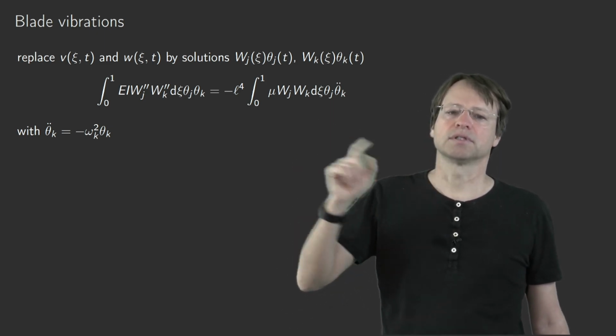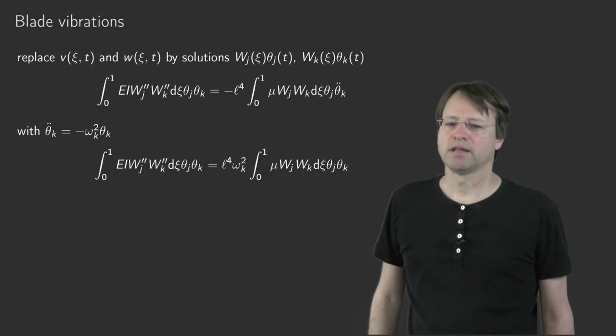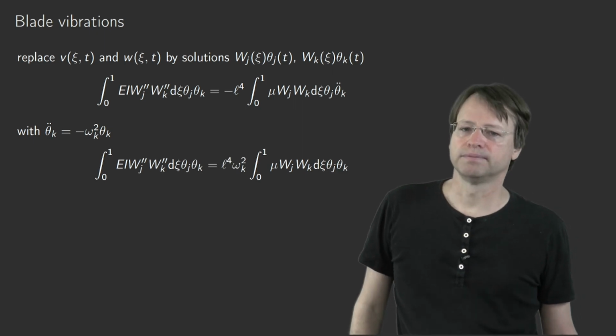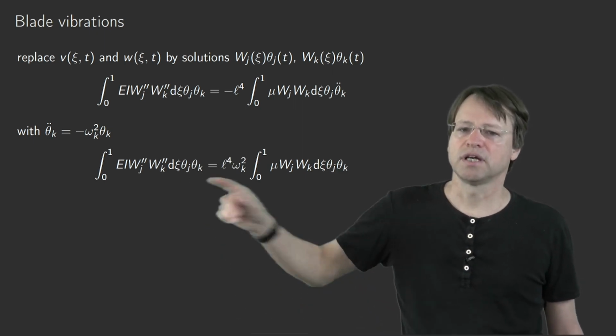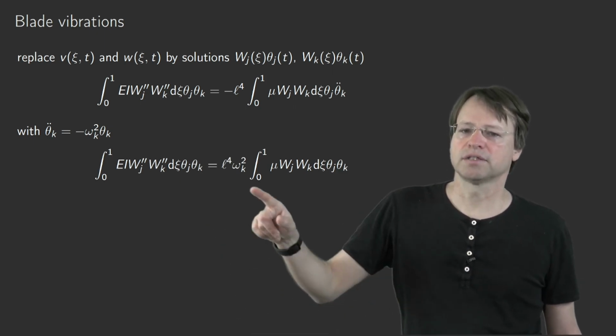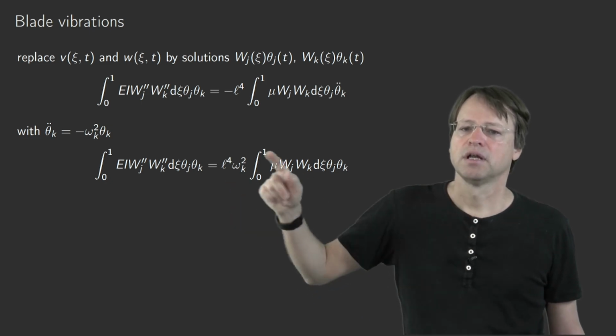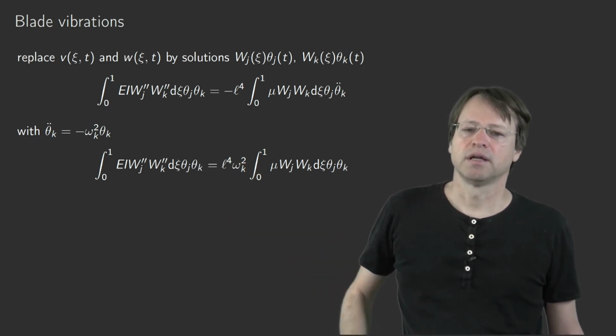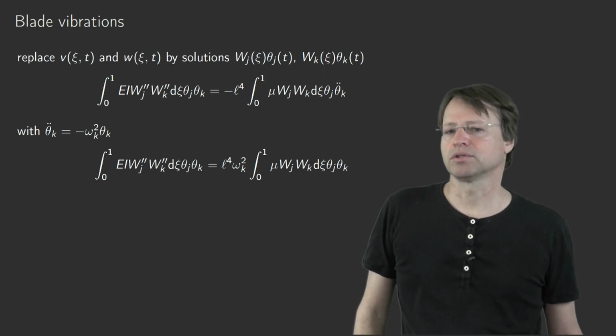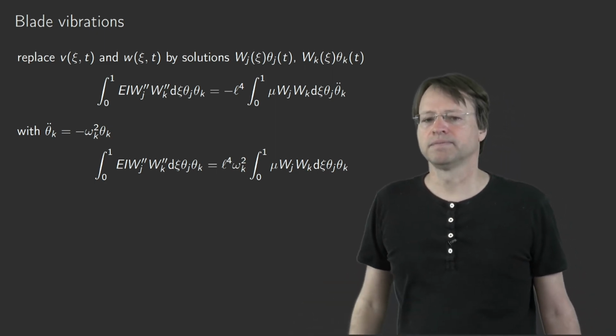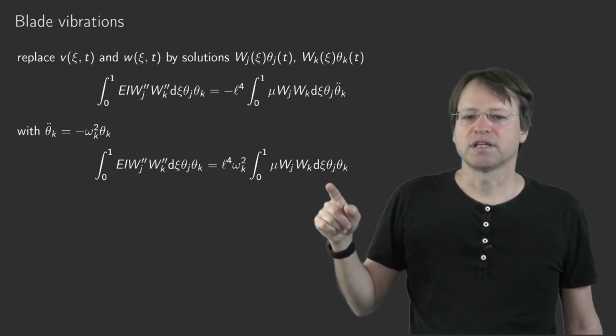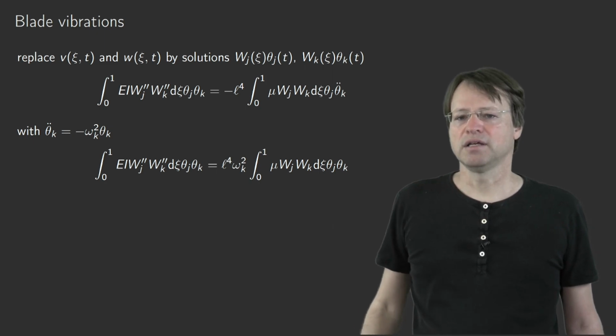So let's insert this into this equation. Then we get the following equation. On the left-hand side, nothing is changed. On the right-hand side, we have to change the sign. We put omega_k squared outside of the integral because it's space independent. We now have theta_j and theta_k here.